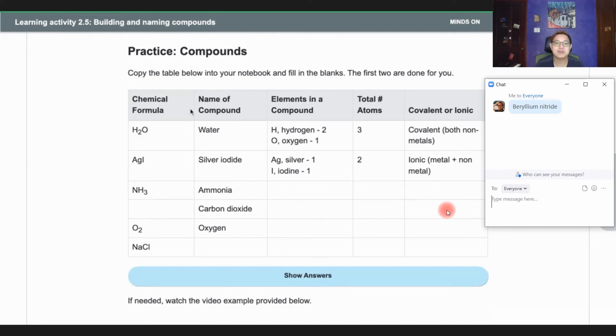Okay, so NH3, ammonia. So nitrogen and hydrogen.